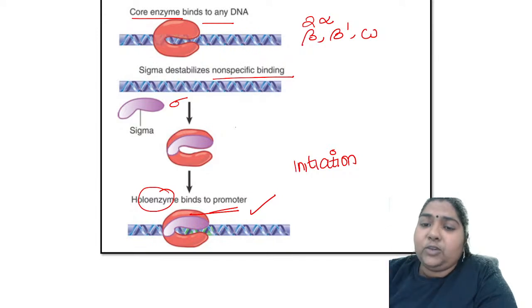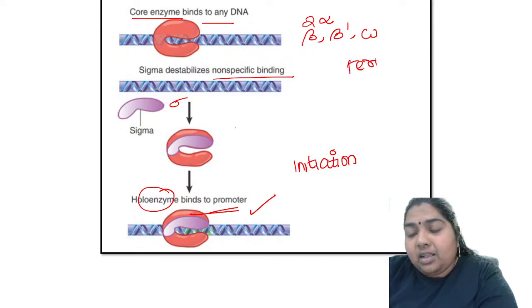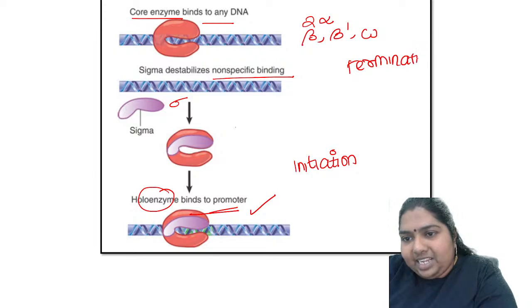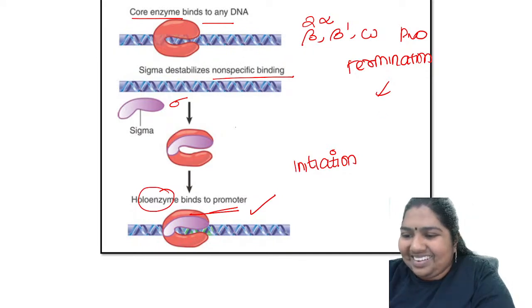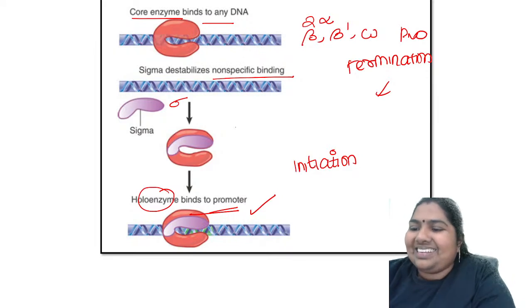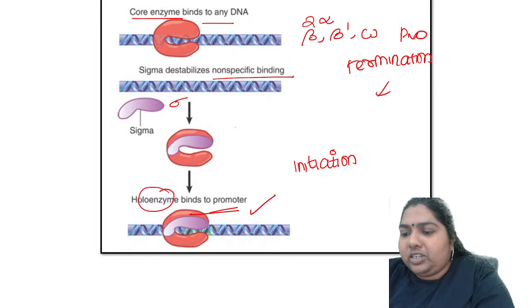Elongation is going to continue, and for termination, what are the two methods of termination in prokaryotes? How does termination take place in prokaryotes?